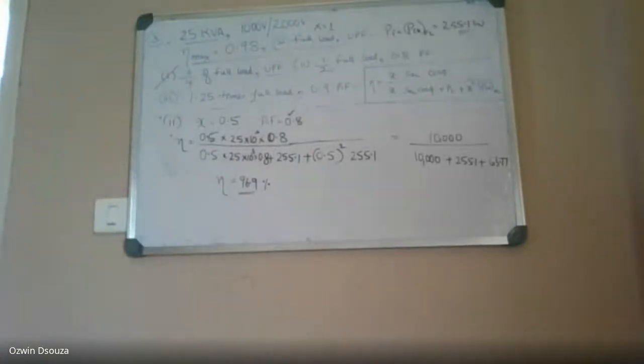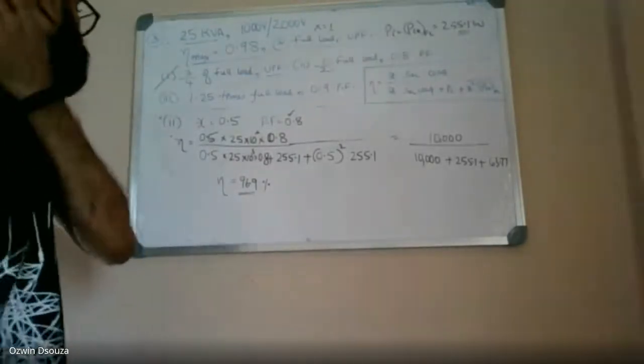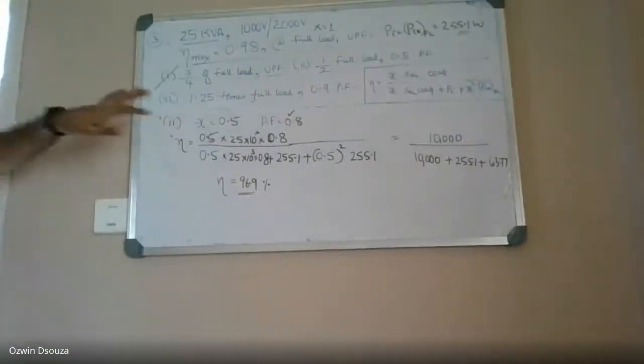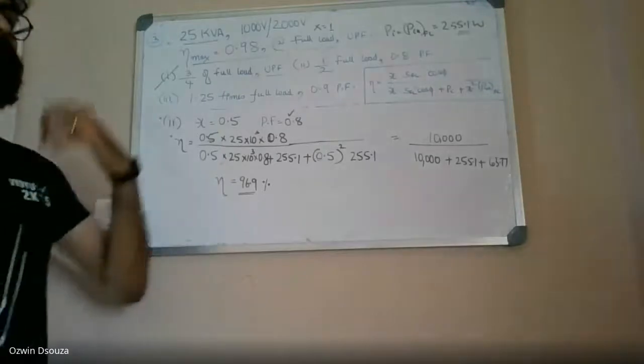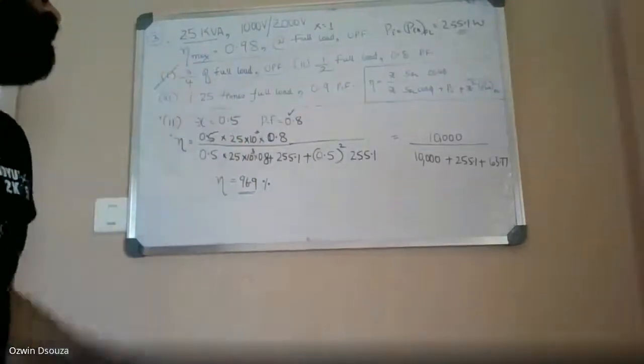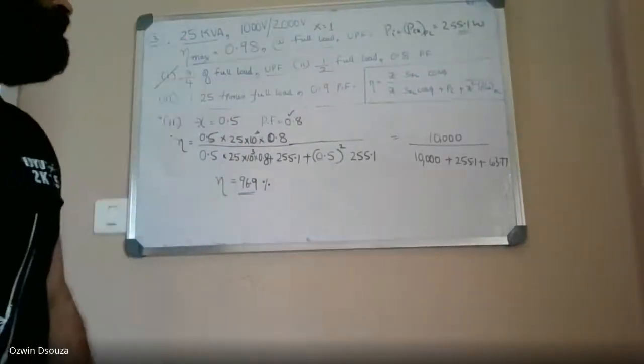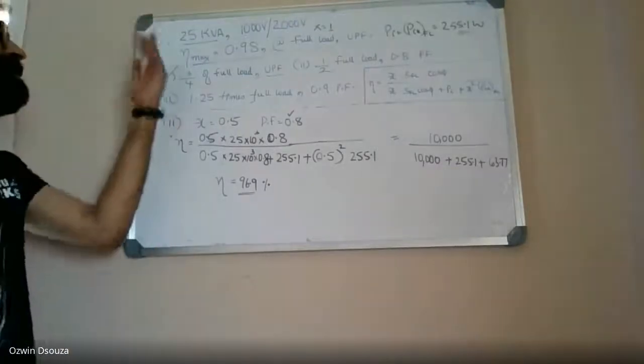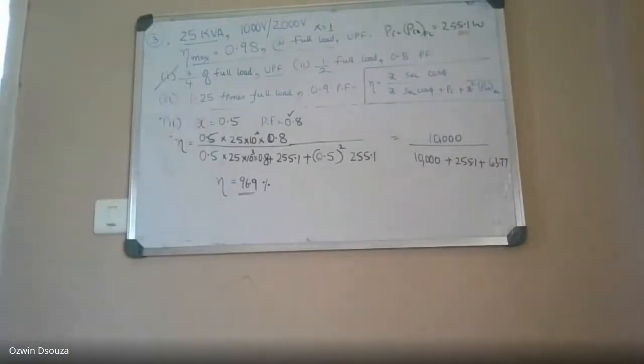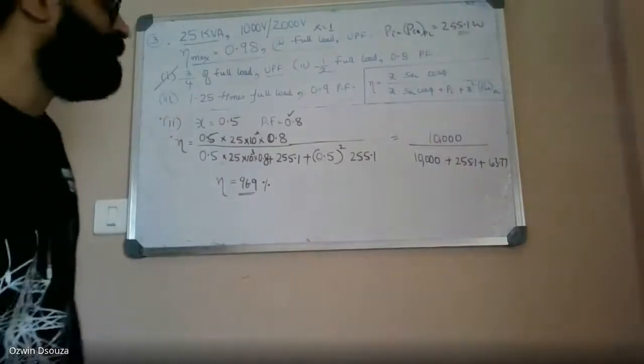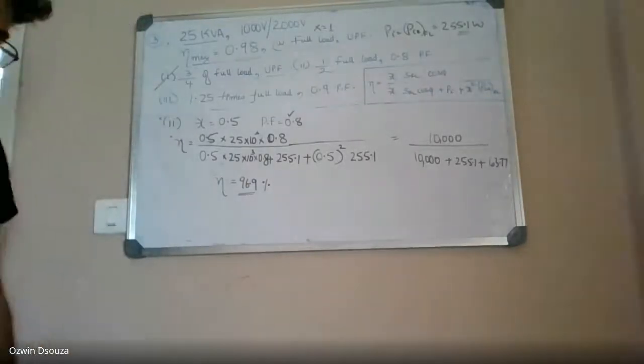And finally, case 3. Case 3 is pretty interesting. It is 1.25 times full load. That means to say you are going above the rating of the transformer. So rating is 25 kVA. So you are basically exceeding this rating by what factor? By a factor of 1.25. All right, so that is also possible. You can always do that.